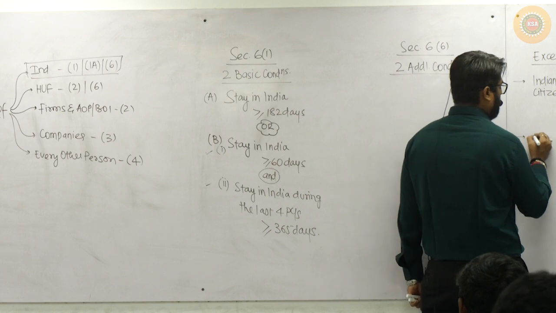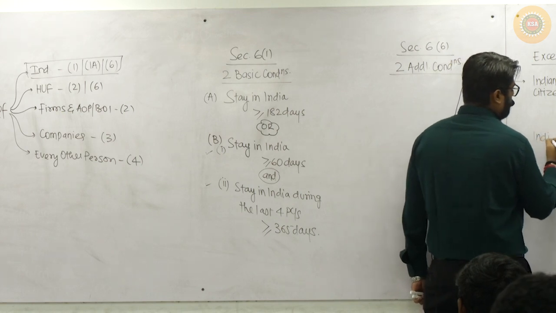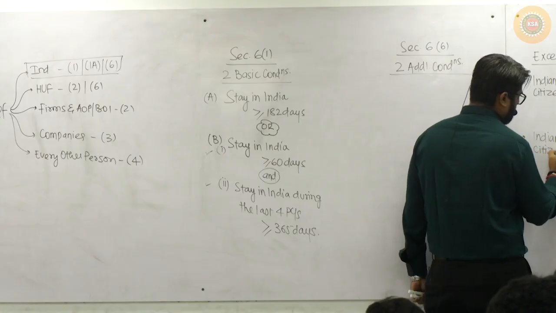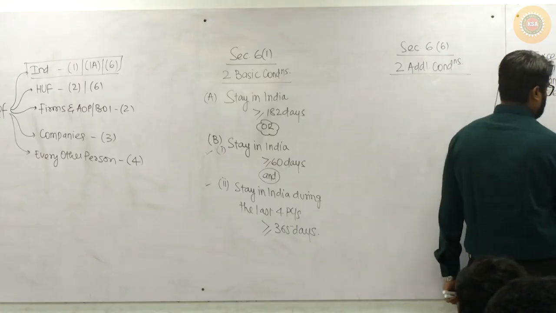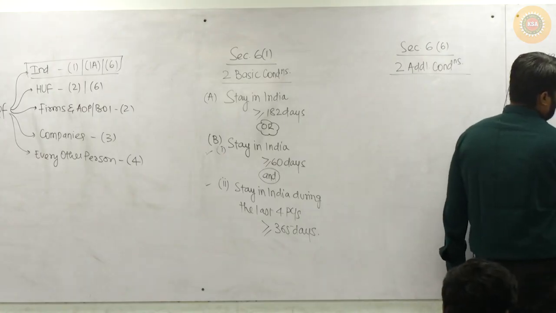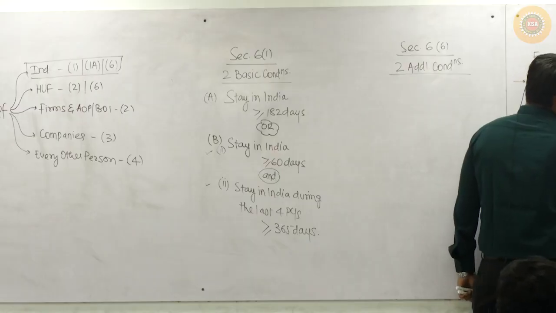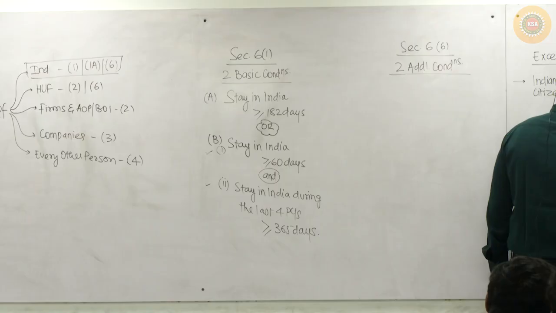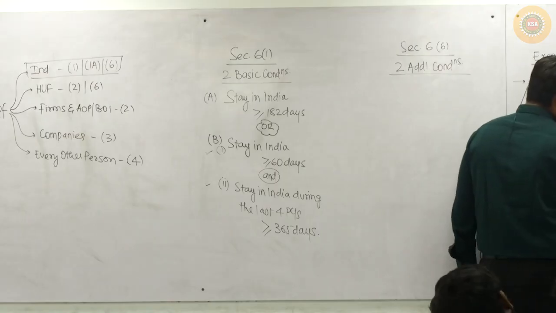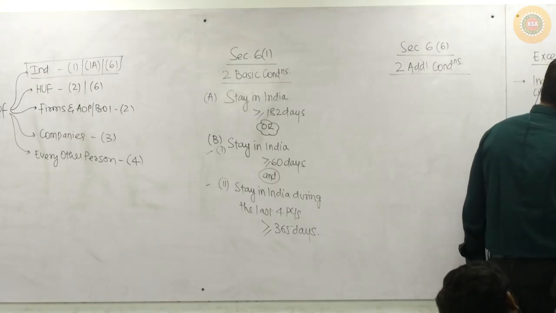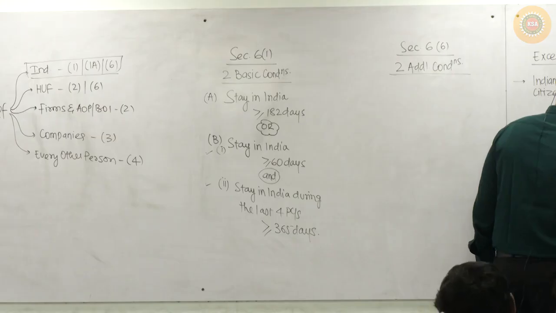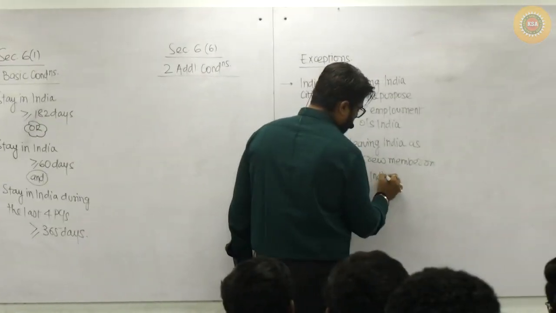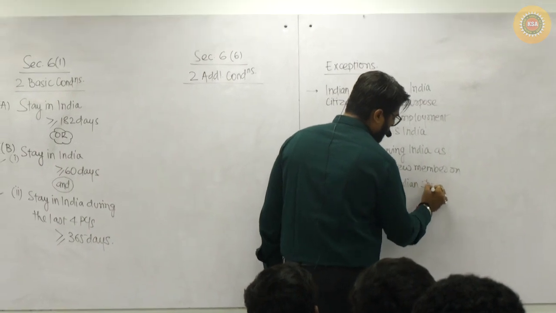Next exception. Again, this exception is applicable for Indian citizens. So, you are an Indian citizen. You are also leaving India during the relevant previous year as a crew member on an Indian ship.